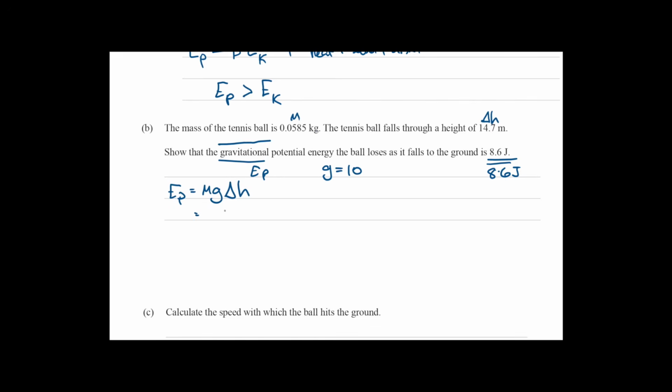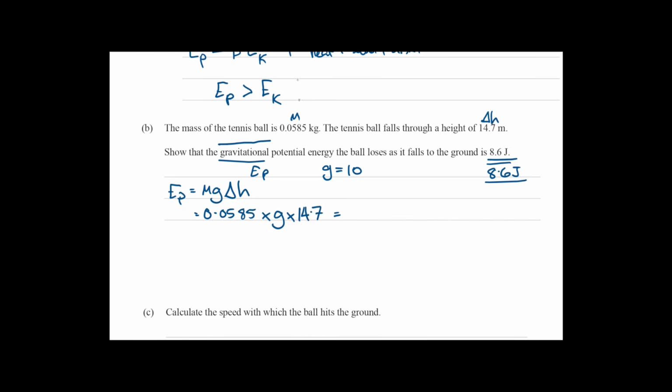Let's put in those numbers and see if we actually get 8.6. So the mass is given as 0.0585 in SI units, times the acceleration from gravity, times the change in height, which is 14.7 meters.